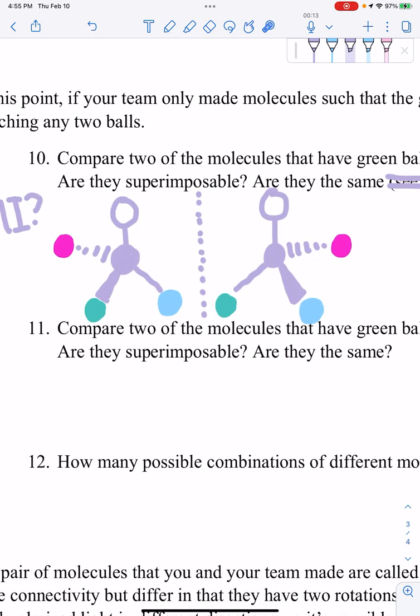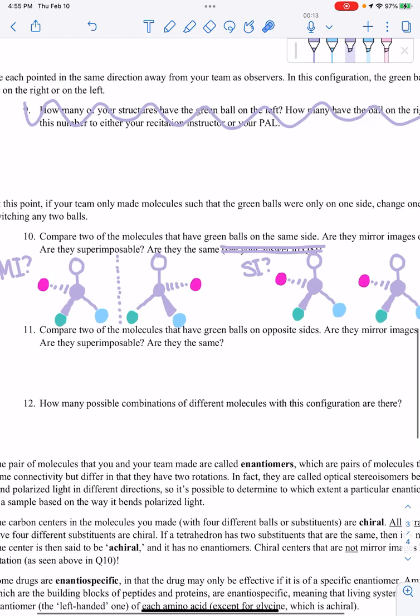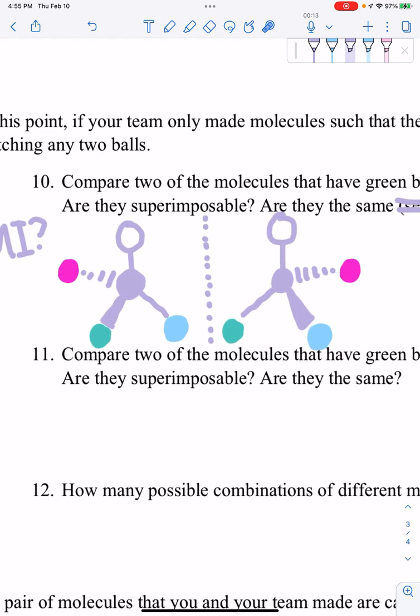So I'm just going to zoom in so that we're only looking at one set of those. Question number 10 asks, consider the two models that have the green balls on the same side. Are they mirror images? Are they superimposable? Are they the same molecule?